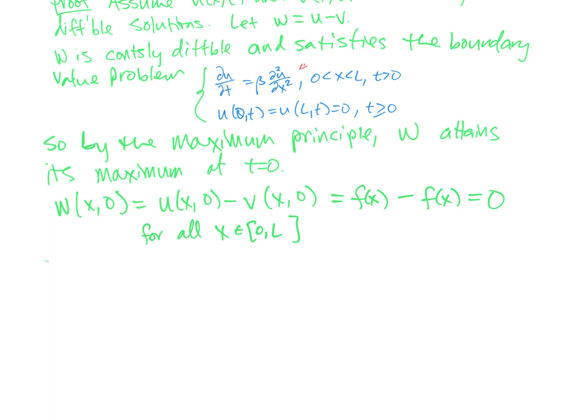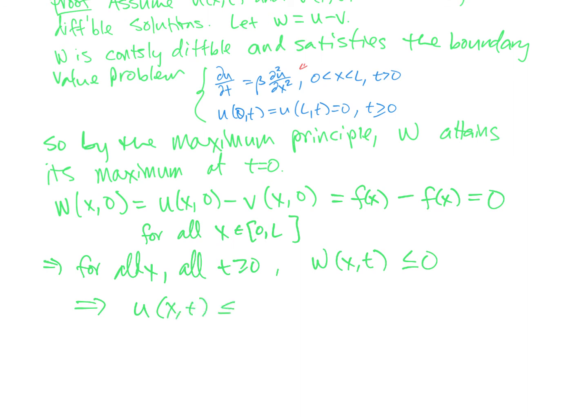So that means for all x and all t, we have w of x,t is going to have to be less than or equal to 0, because we can never get more than where we start off at t equals 0. And of course, w is u minus v, so then what we get is that u of x,t is less than or equal to v of x,t for all x and t.